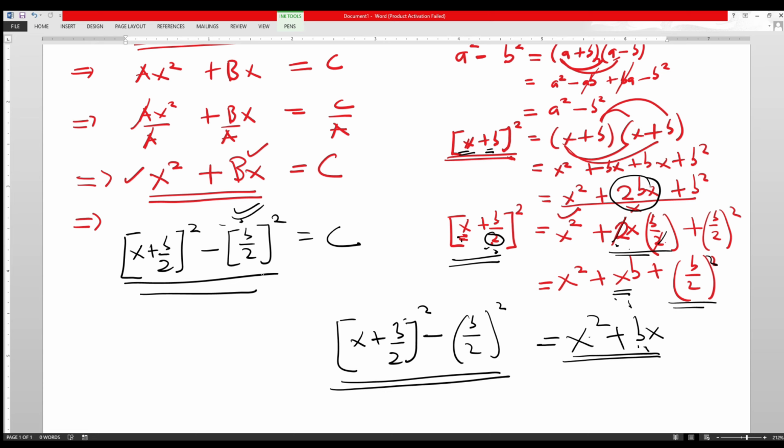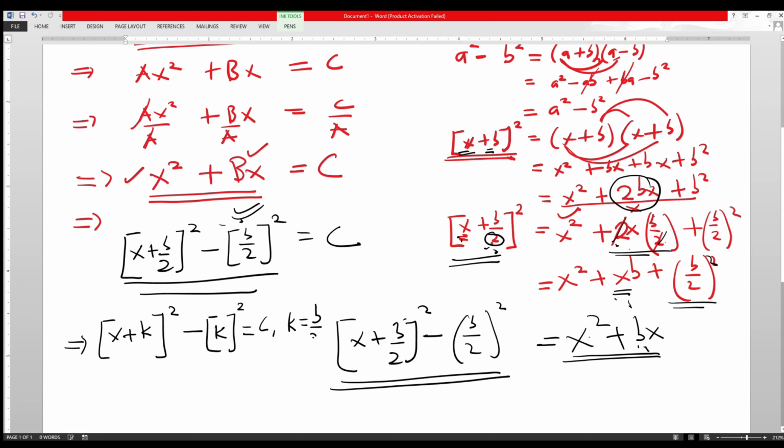Okay, now let's tidy this up a little bit. So this is the same as x plus k all squared, I'm replacing b over 2 with k, minus k squared is equal to c, where k is equal to b over 2.